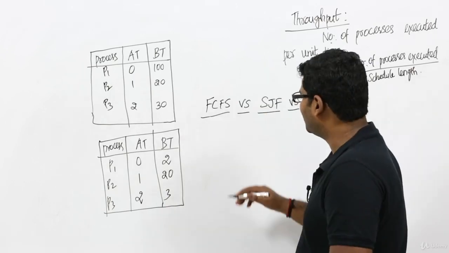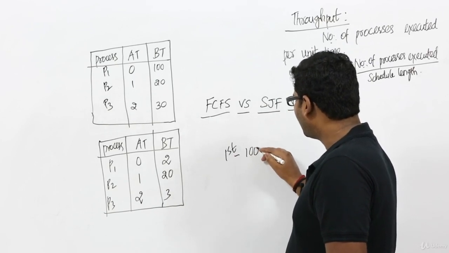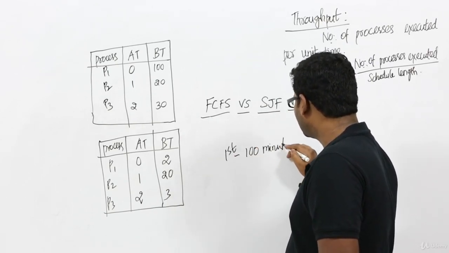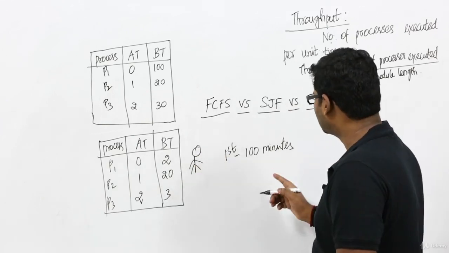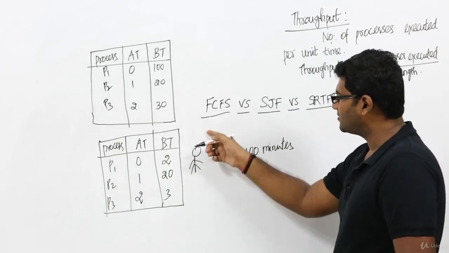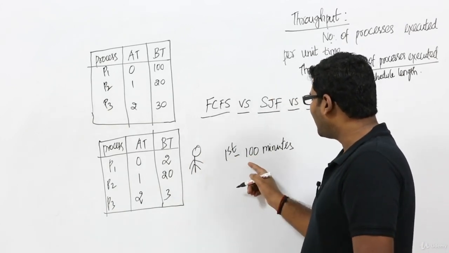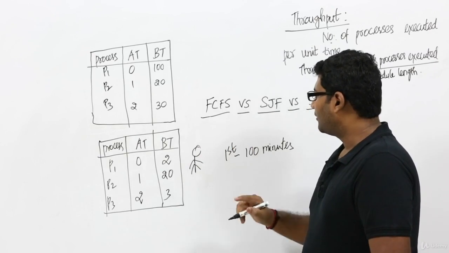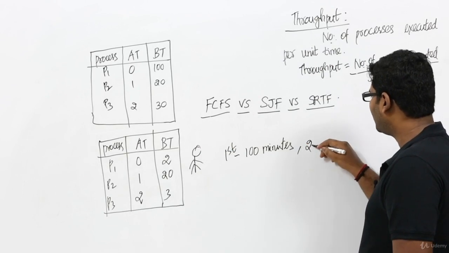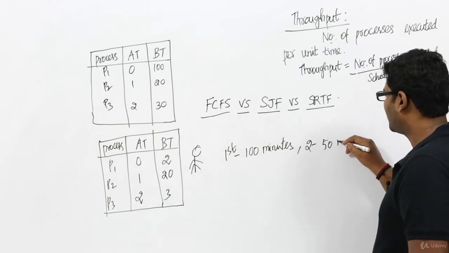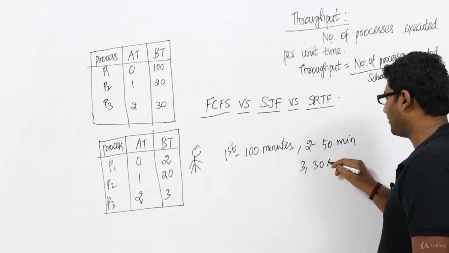Decreasing order of times means, let us assume the first customer who came to the shop, this is the shop and this is the worker sitting inside, needs 100 minutes from the worker to satisfy his request. The second customer needs only 50 minutes, and the third customer needs just 30 seconds.